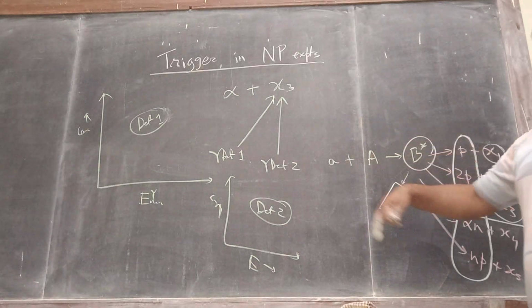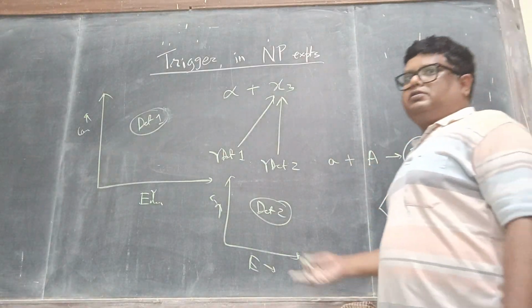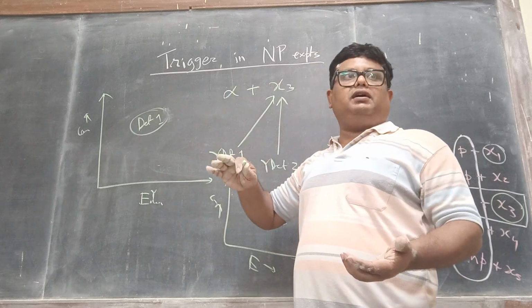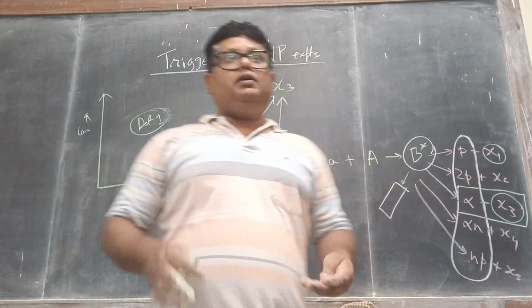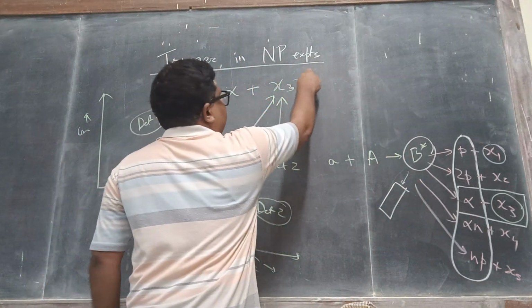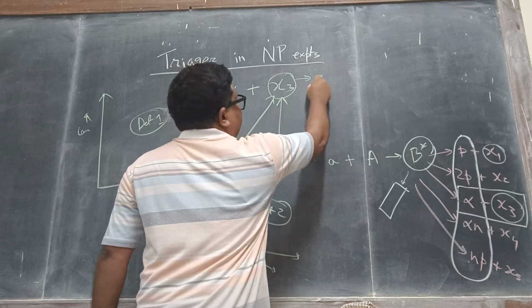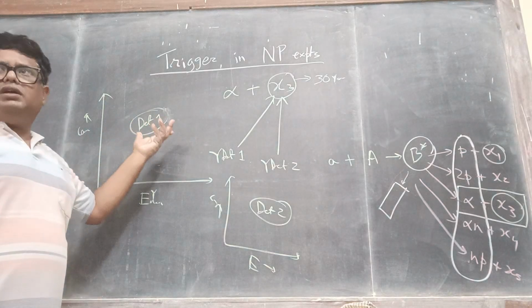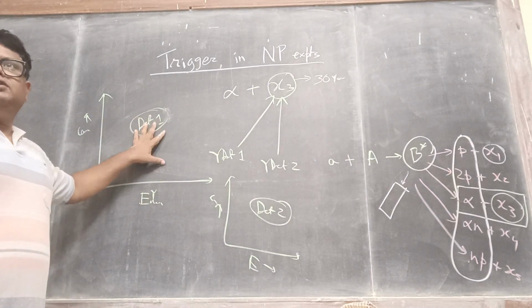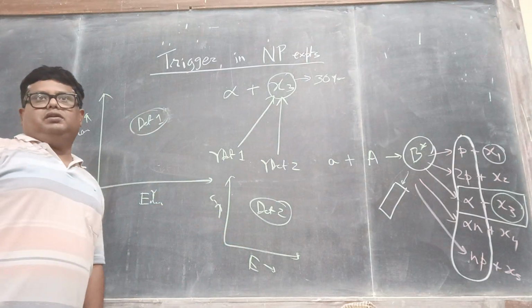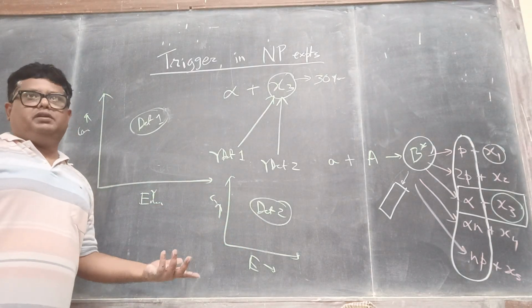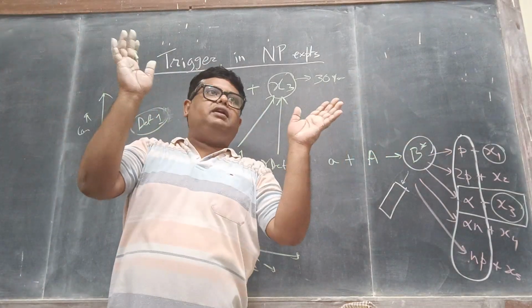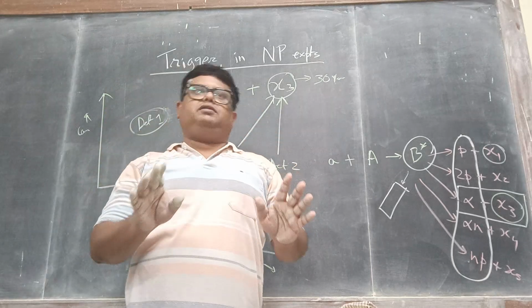But this doesn't help us, right? Because when I choose just detector 1, say for example this x3 emits 30 gamma rays, effectively I will be seeing around 30 gamma rays in each of them. Here also 30, here also 30. So the problem still remains. Previously we had a very complicated spectrum, now we have a slightly less complicated spectrum, but still the spectrum is complicated.